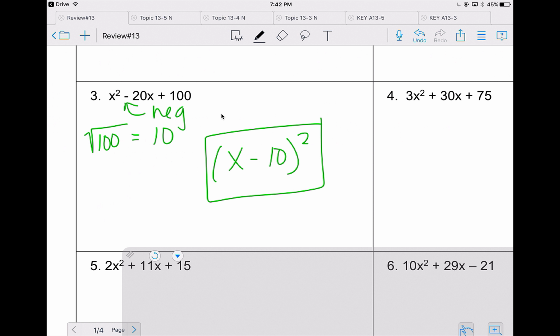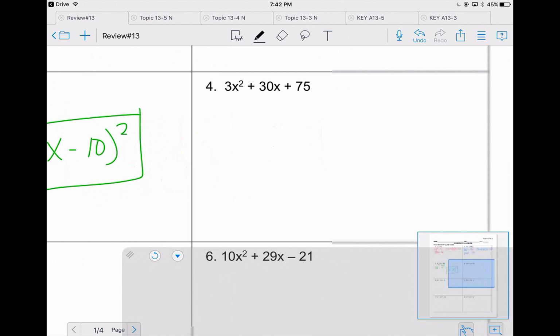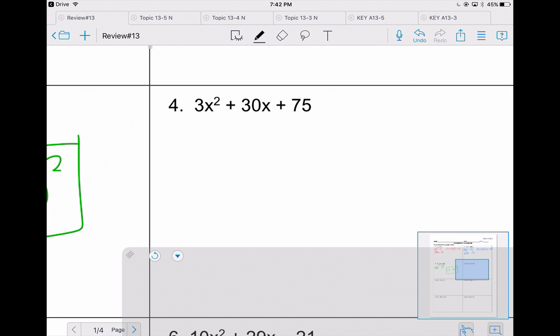So we take the square root of 100 and get 10. The sign tells us it's going to be a minus and it's going to be squared. And again, if you don't believe me or you don't remember this, use the box. Problem 4, we have a GCF.